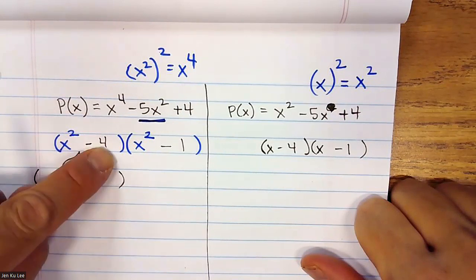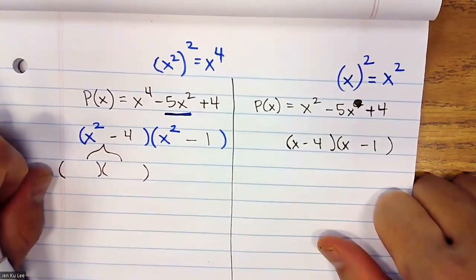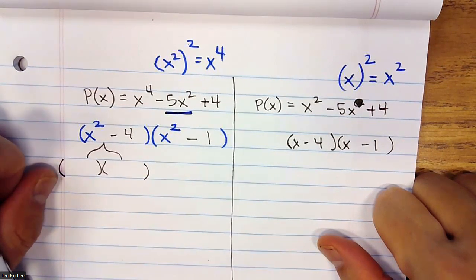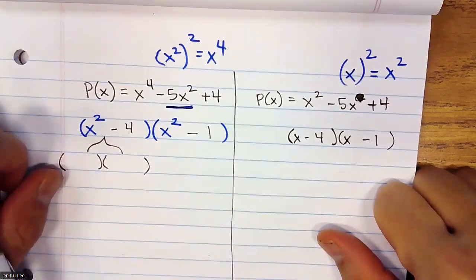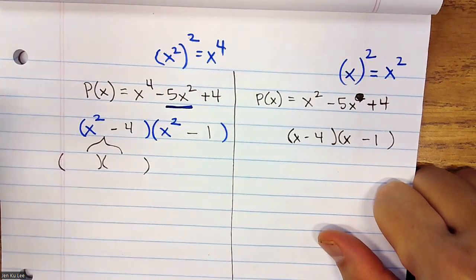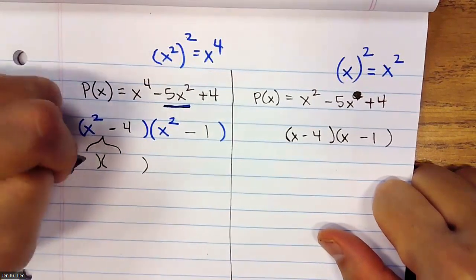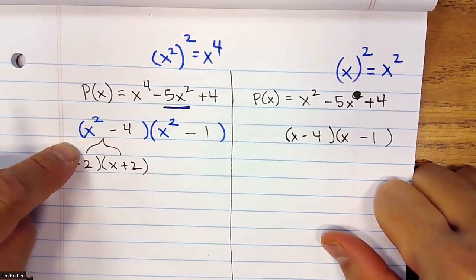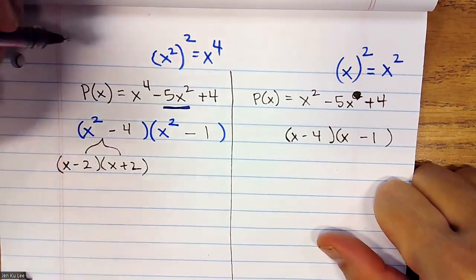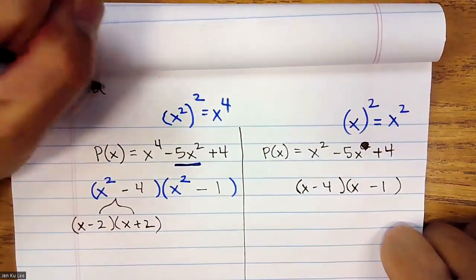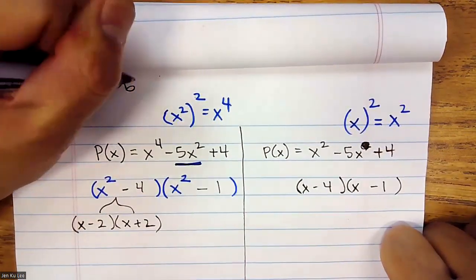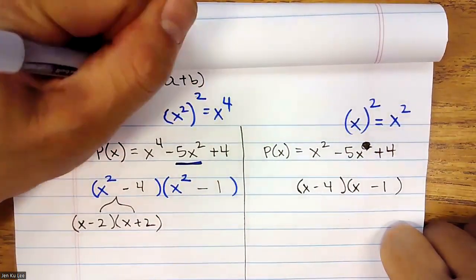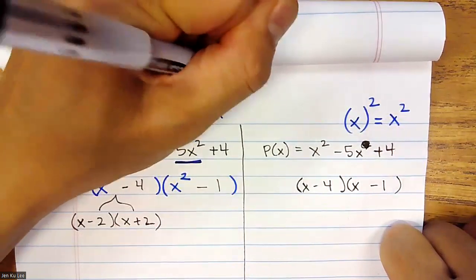What does x squared minus 4 factor out to be? Close. X minus 2 and x plus 2. That's a difference of squares. Okay? The form would be a squared minus b squared equals a plus b times a minus b.